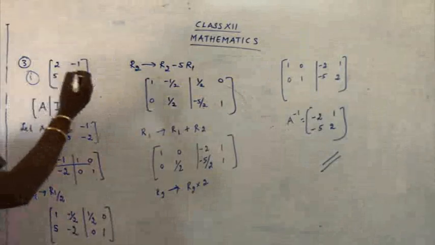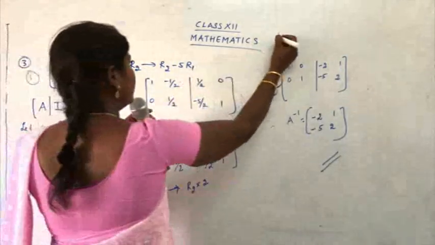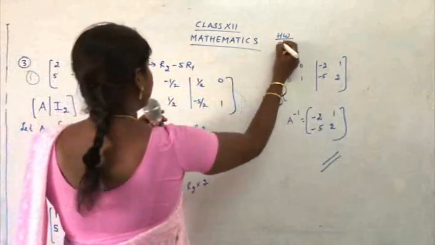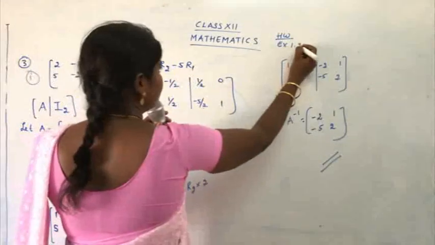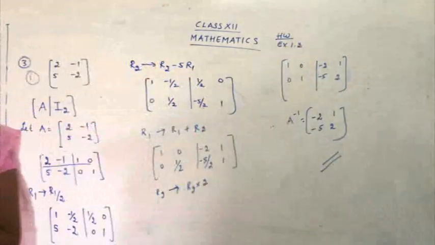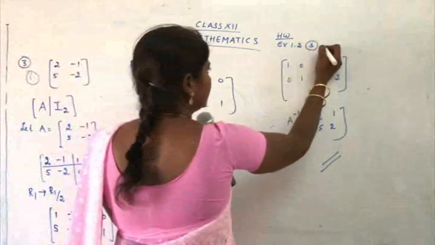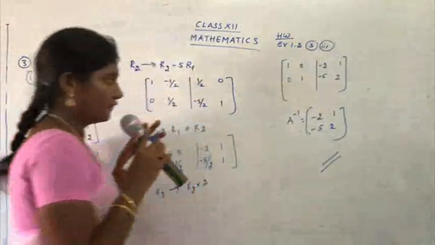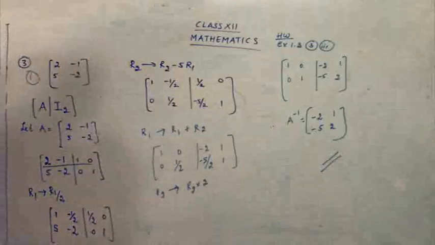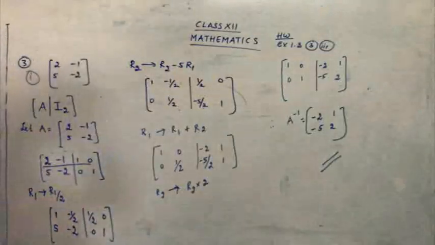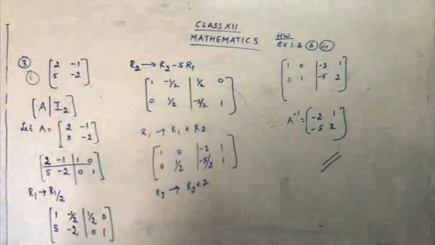So just take down your homework: Exercise 1.2, question number 3, third subpart is your homework. You are going to follow your second subpart and complete the third subpart.